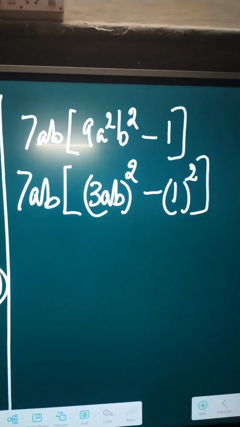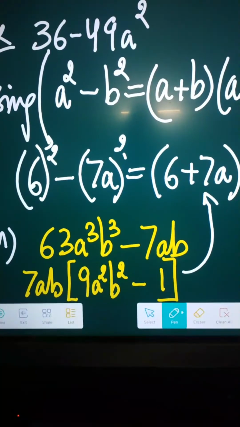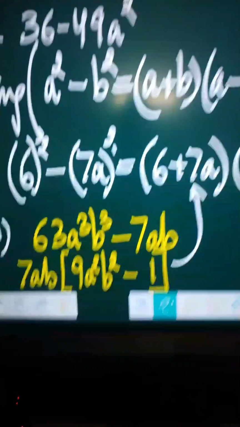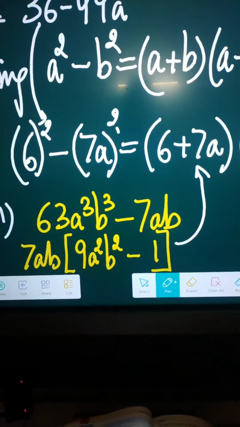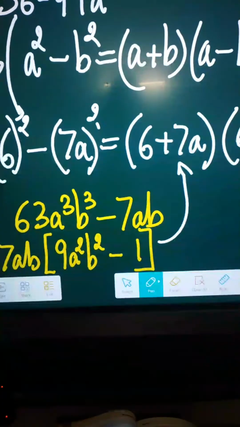See, 9a square b square. So first you will factorize 63a cube b cube by taking common, which is the HCF. The HCF of 63 and 7 is 7. So the HCF becomes 7ab bracket 9a square b square minus 1.